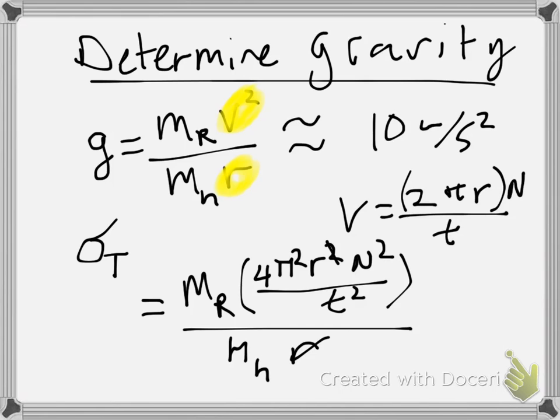So the things that you measured, in terms of uncertainties: there are uncertainties in the time that you measured, and in the radius that you measured. Is there any uncertainty in the number of rotations? Yes, there is going to be some uncertainty in that as well.